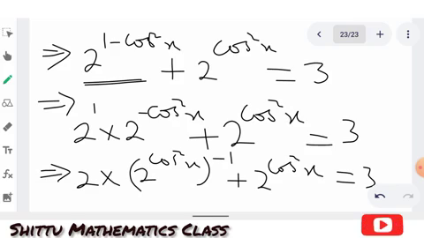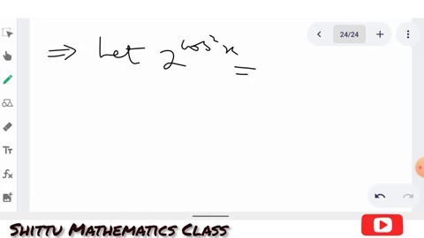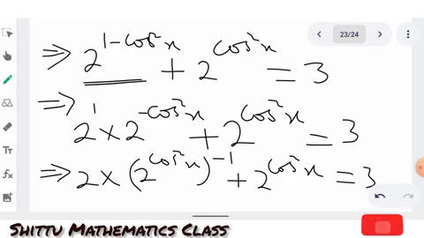We let 2 to power cos square x equal a. Therefore, anywhere we see 2 to power cos square x, we are going to plug in a.